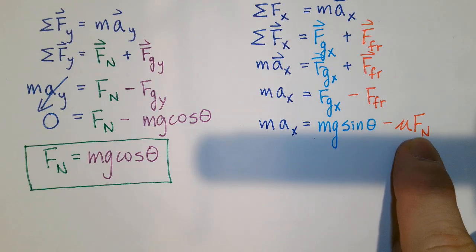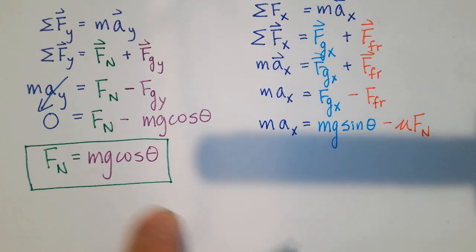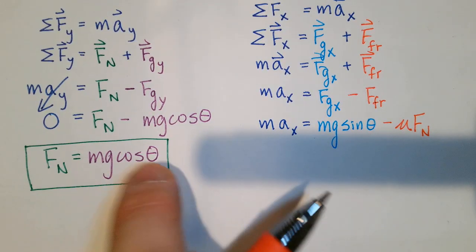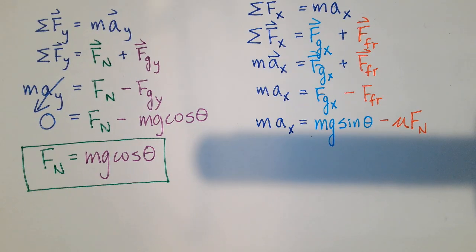Ooh, I know what the F normal is. My F normal is mg cosine theta. So I can actually substitute my F normal.